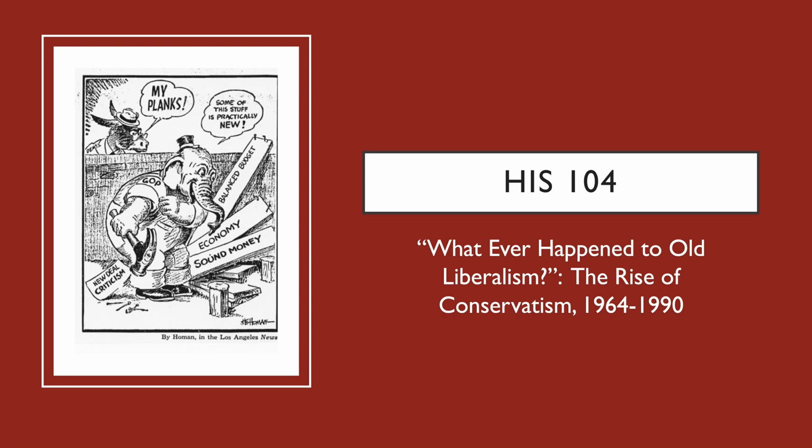And by the 1960s, there's a shift happening to this notion of small government, which is something we'll cover in this lecture. So understand that political affiliation today is not the same as political affiliation 100 years ago. Keep that in mind. But again, we're going to show you where these shifts happen, focusing on conservatism for this lecture.